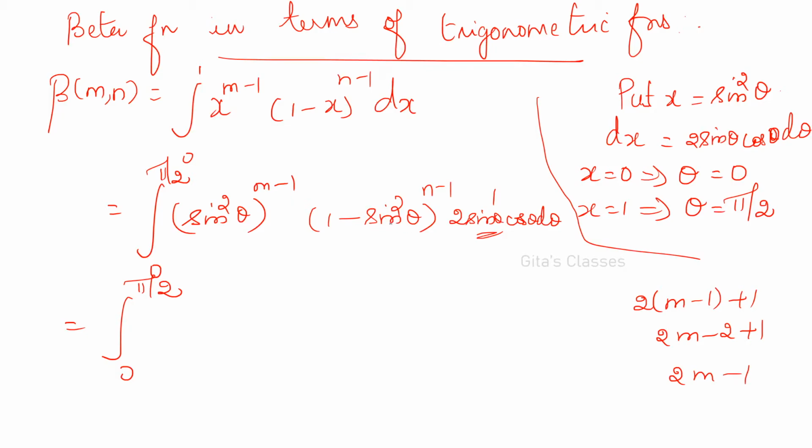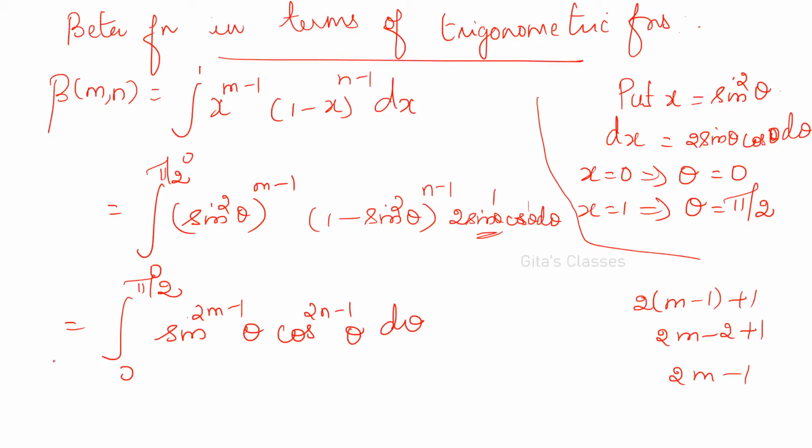Similarly, what is 1 minus sine squared? It is cos squared. So we get sine power 2m minus 1 theta into cos power 2n minus 1 theta. Here I have cos squared theta the whole power n minus 1 and one more cos theta here. So it becomes cos power 2n minus 1 theta into d theta.